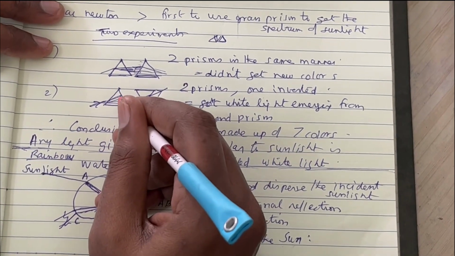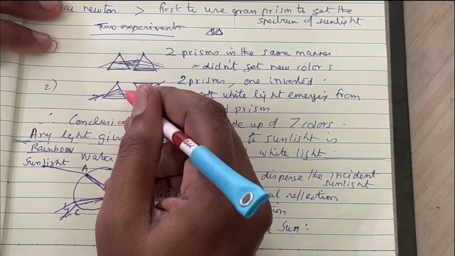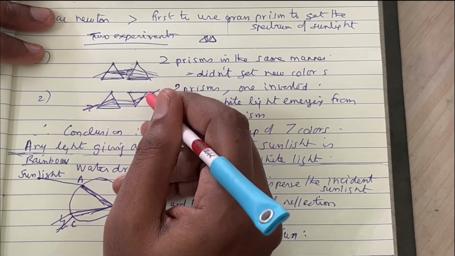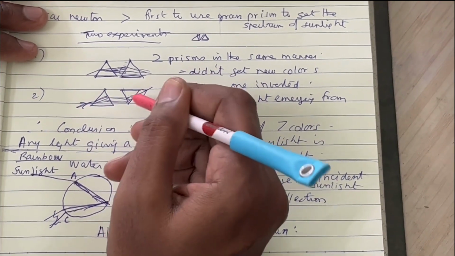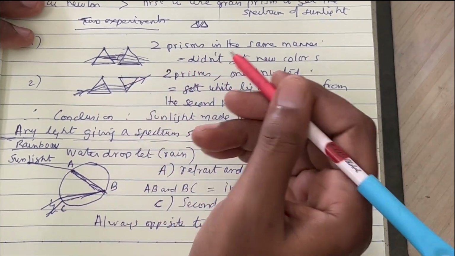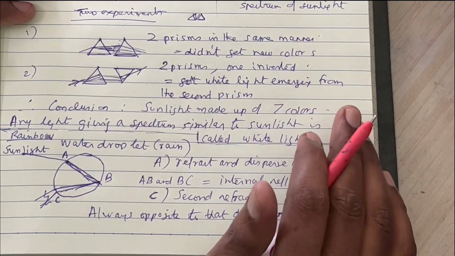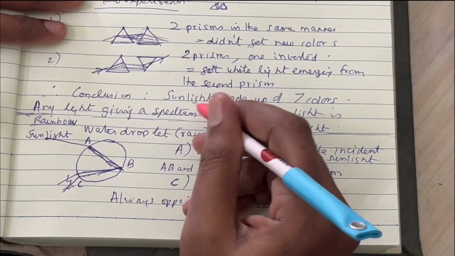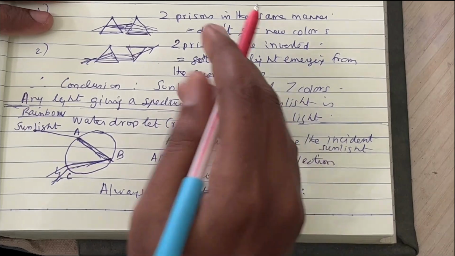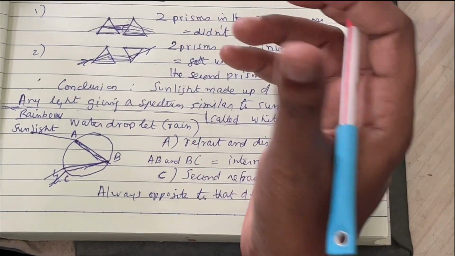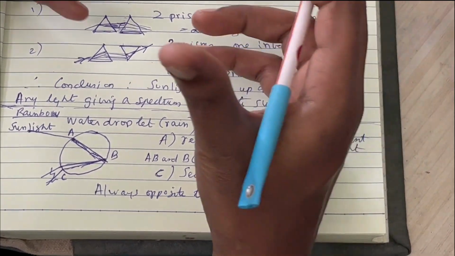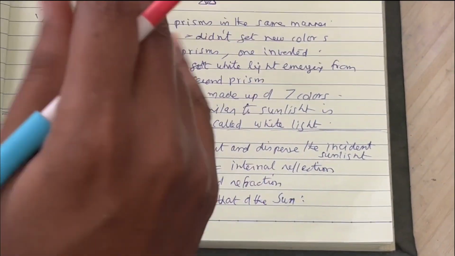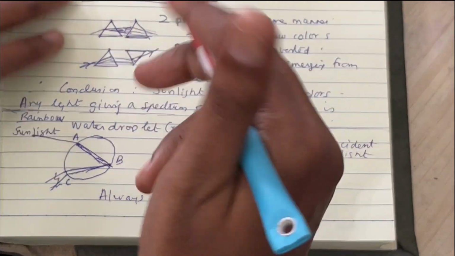There was dispersion into colors in the first prism, and when the dispersed colors were passed through the second, inverted prism, he got white light out. From this experiment, the conclusion he got was that sunlight is made up of 7 colors, these 7 colored lights joined together forming the sunlight.